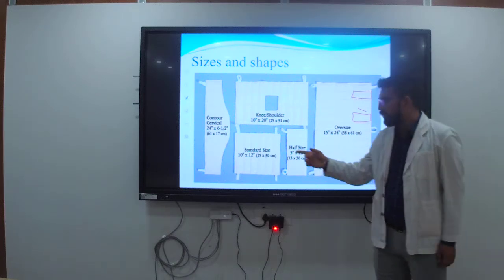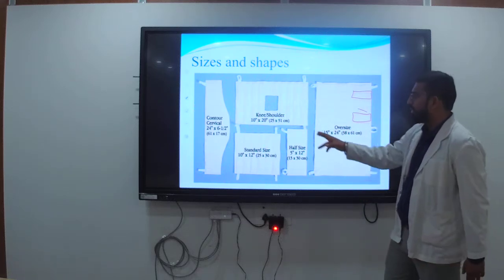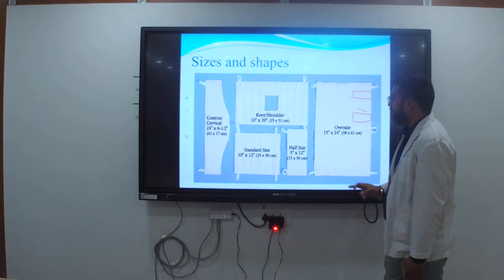I want everyone to draw these diagrams in your books. Write down the different measurements of these packs.